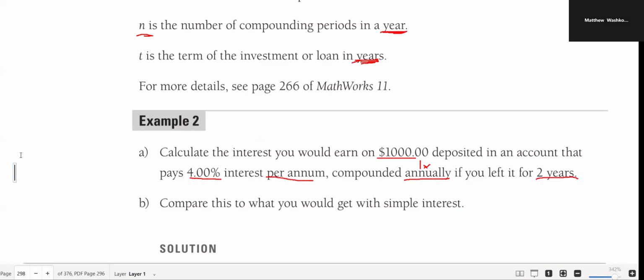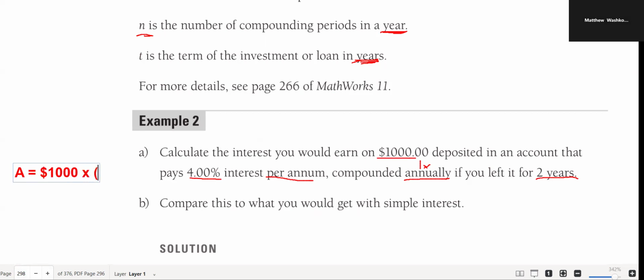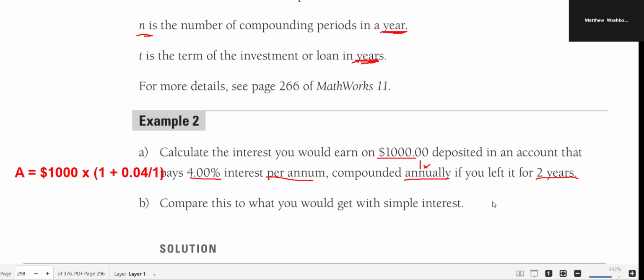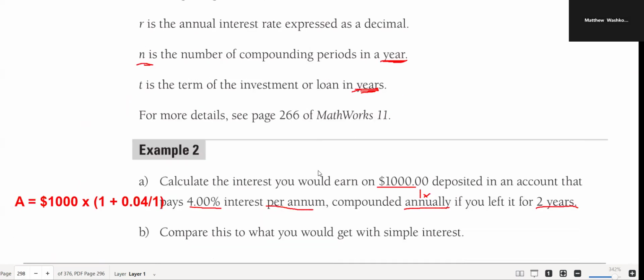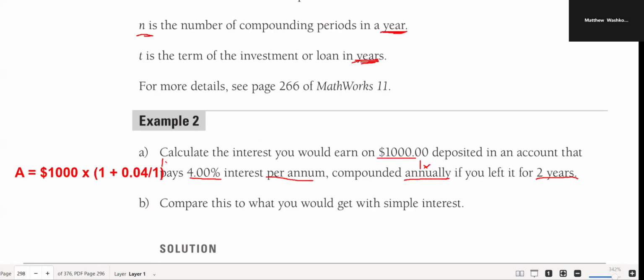Well, so again, my investment is $1,000 times 1 plus what's my R interest rate? 0.04 divided by how many times it's compounded in a year? Once. All to the power of, remember, N, which is the number of compounded periods per year. Well, it's just compounded once per year times how many years? 2.